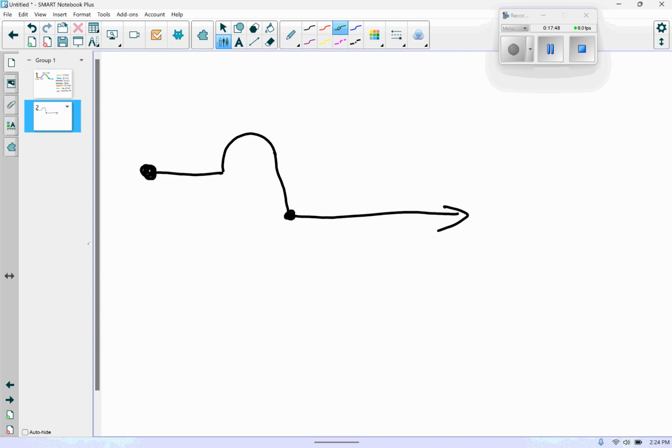So there's a couple things I want to note. I want to note what the point is here. So this point here is negative 10, 2. Where we turn appears to be negative 2, 2. Now this is going to get a little goofy. We change directions up here, agree?